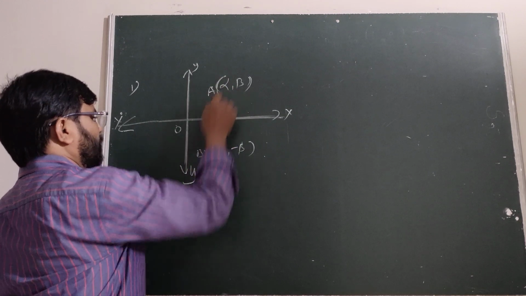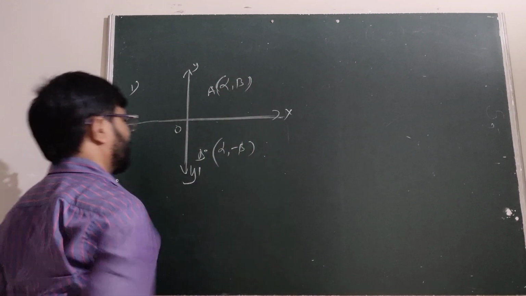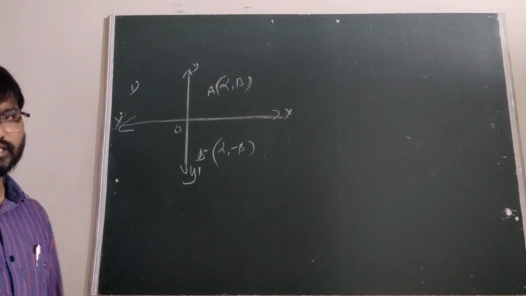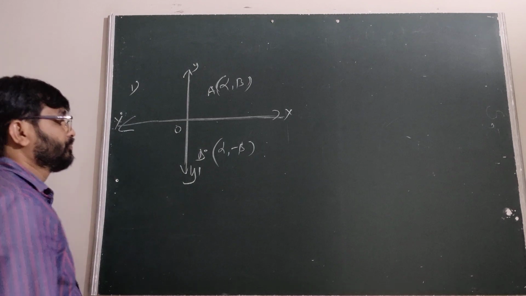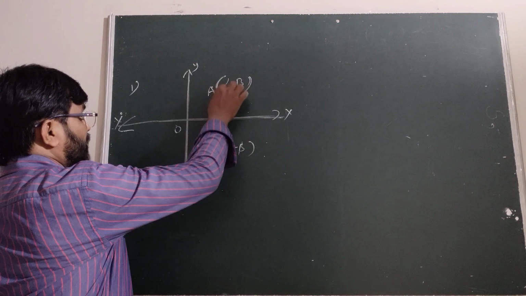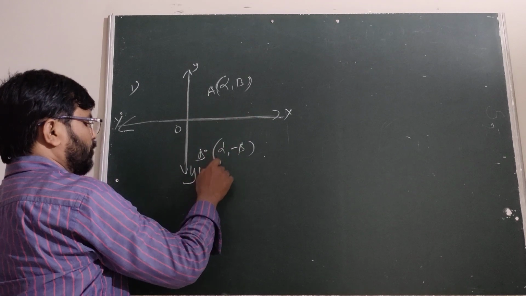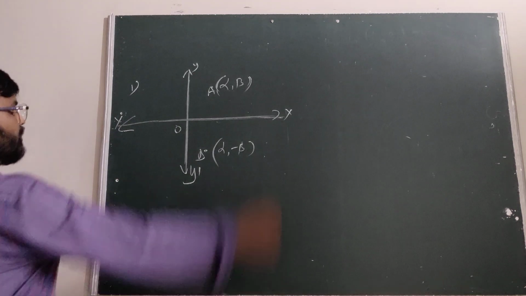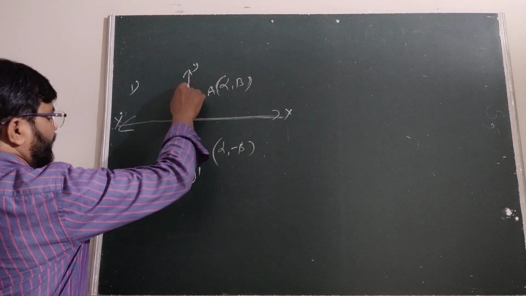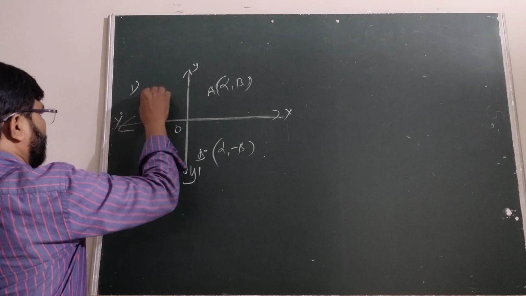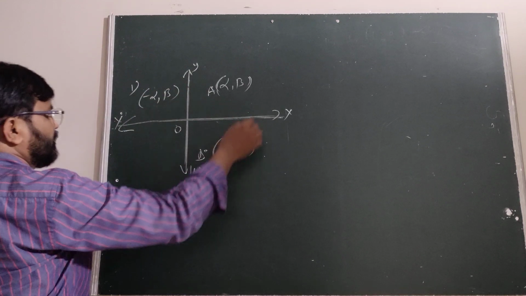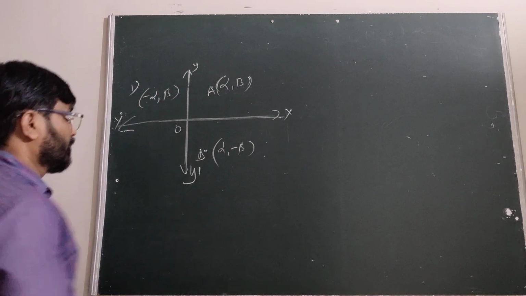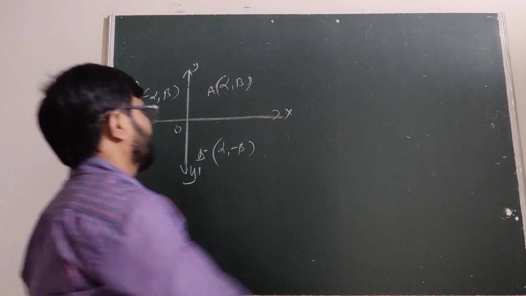Since the image with respect to the x-axis is in the fourth quadrant, alpha is positive and beta is negative. The image of alpha beta with respect to the y-axis is minus alpha comma beta. Is it clear?